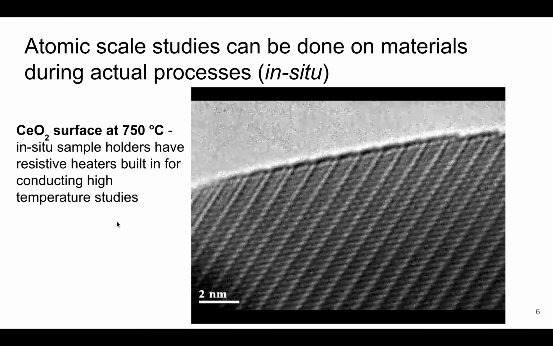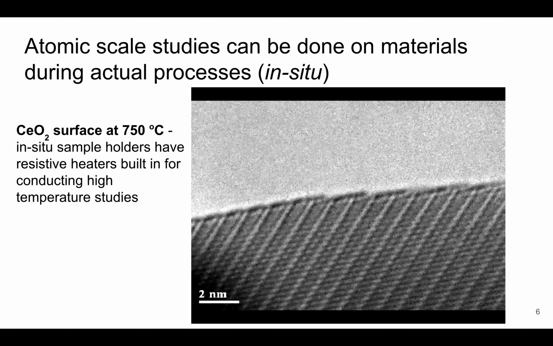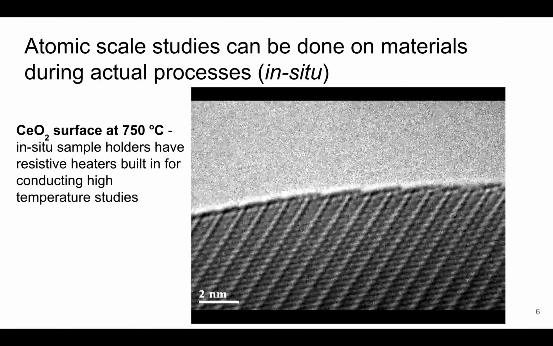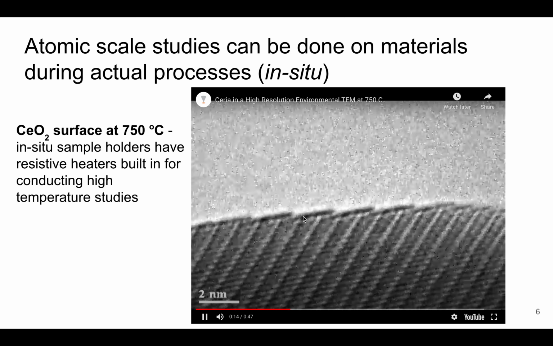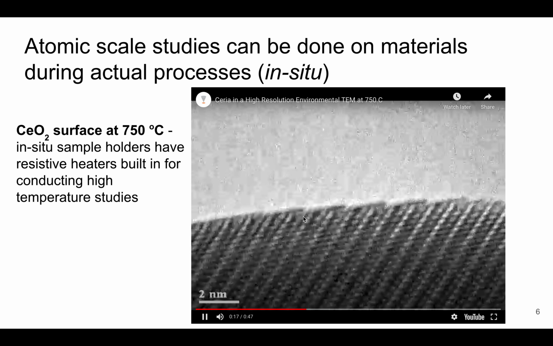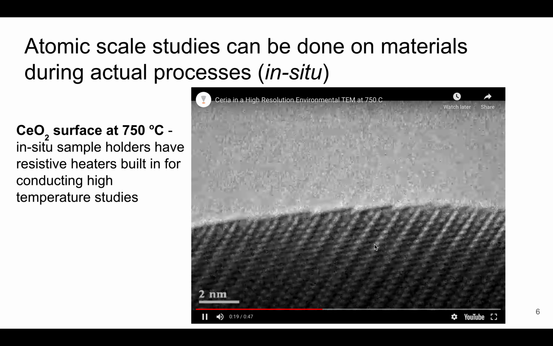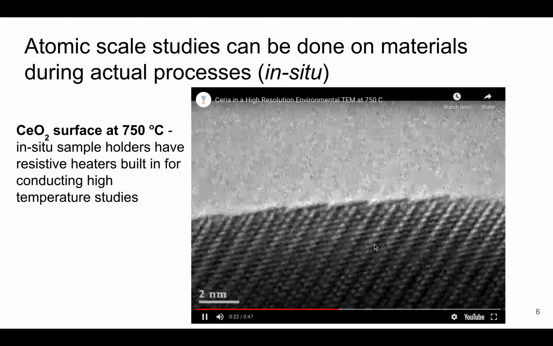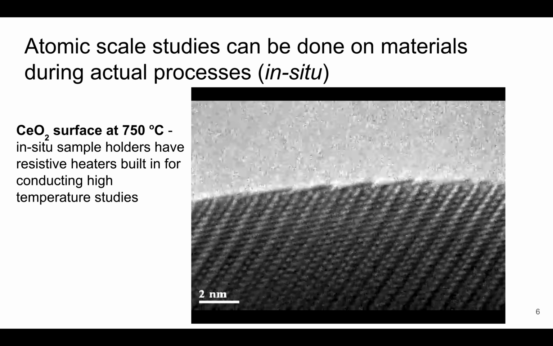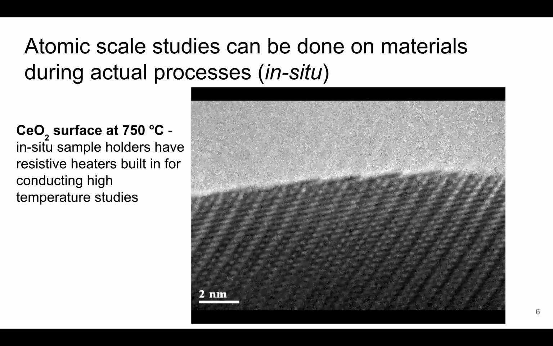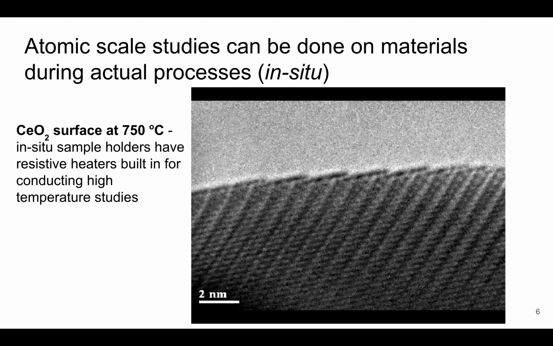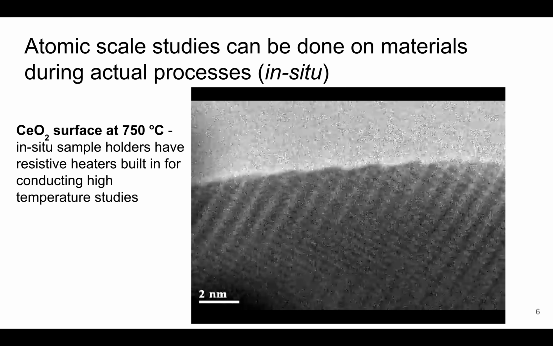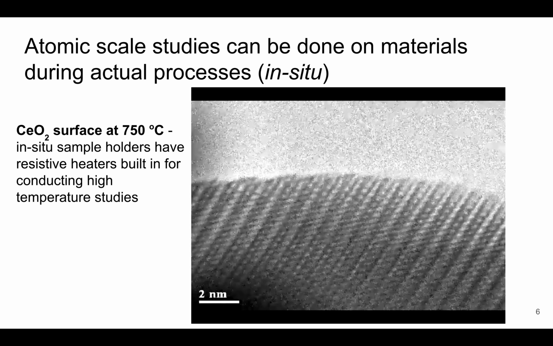Again, the resolution is so good, and we're able to get real-time examination of the surface with TEM, and we can see that the surface structure changes with this elevated temperature. So we're able to examine this in real time. Again, this isn't going to be possible with something like SEM because we can't get down to this level of resolution with SEM. And this is all made possible with more recent advances in our sample holders.